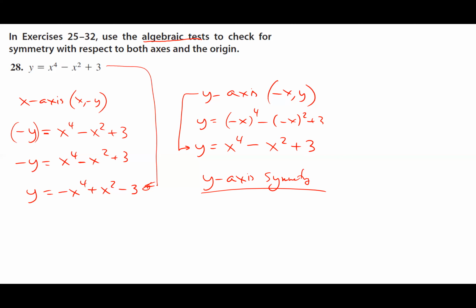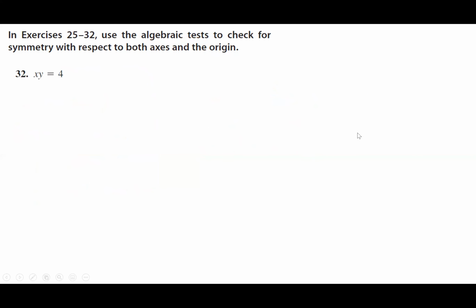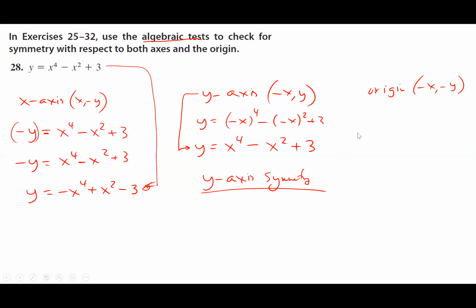On my hands. And then do we have symmetry about the origin? Plug in a negative x, negative y, and see if I get the exact same thing over again.